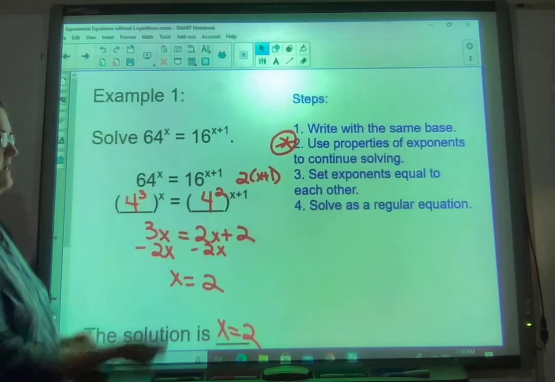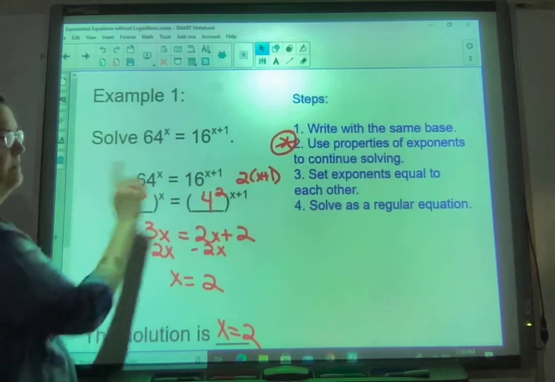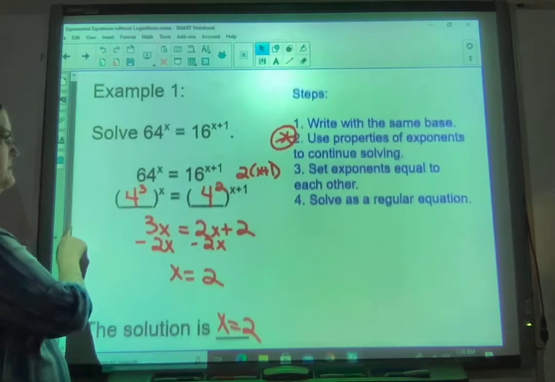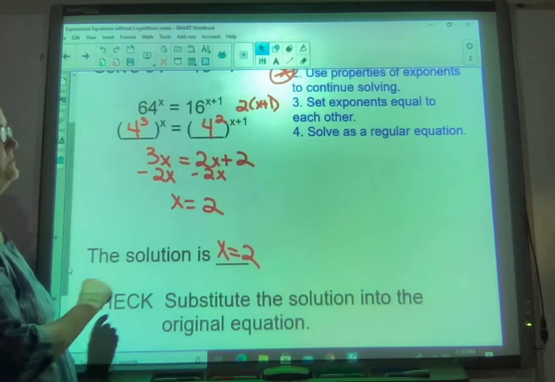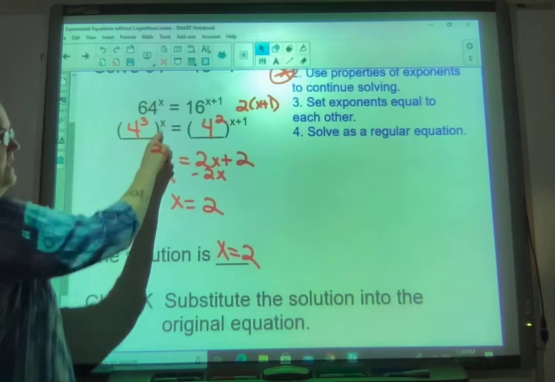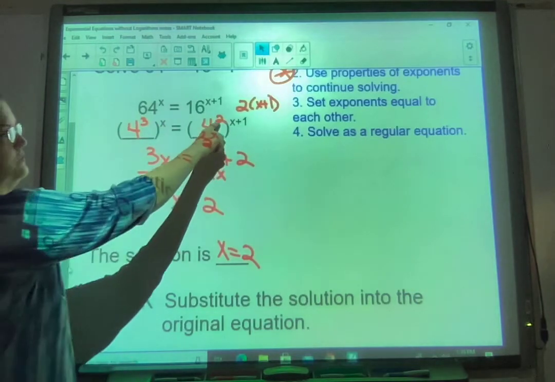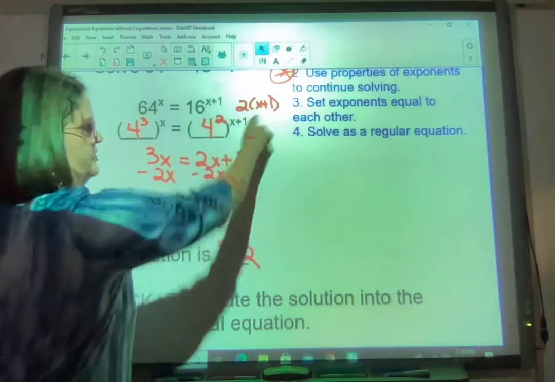So I do that. 64 is 4 to the 3rd power. 16 is 4 to the 2nd power, and then I use exponent rules, which we learned very early on in first semester. And this is a product power here, so 3 times x, I multiply those, is equal to 2 times x plus 1, which is 2x plus 2.